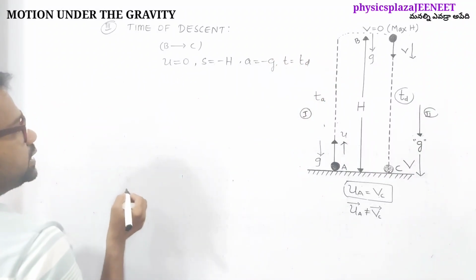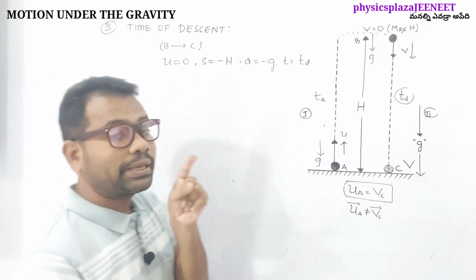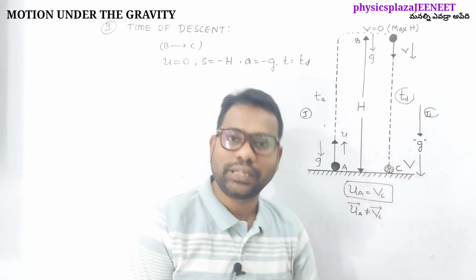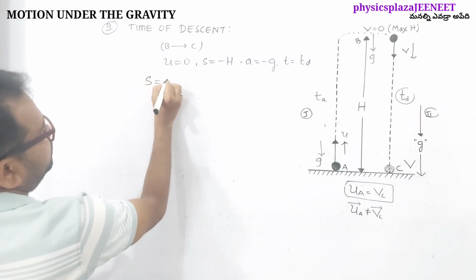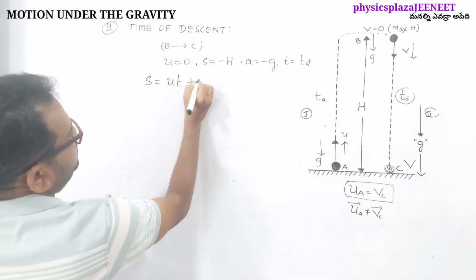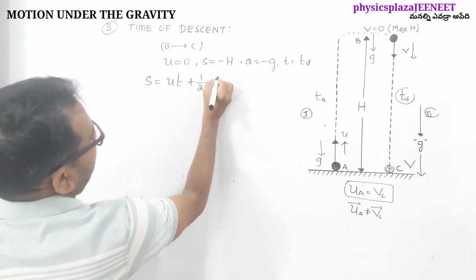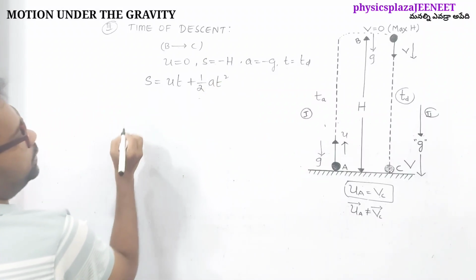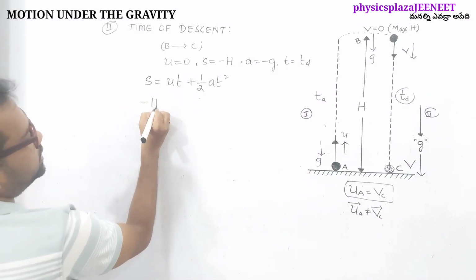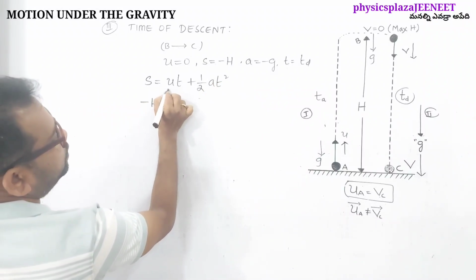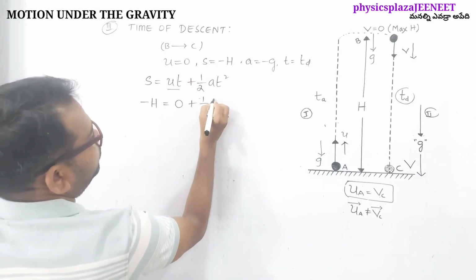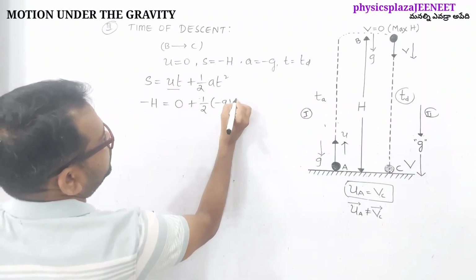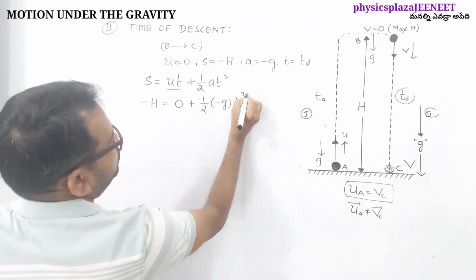Now let us take the second equation of motion, s is equal to ut plus half at square. In place of s, minus h. This term will be 0 because u is 0, plus half into minus g into time of descent square.